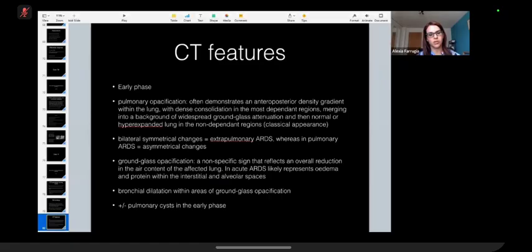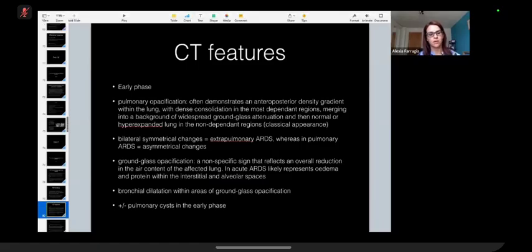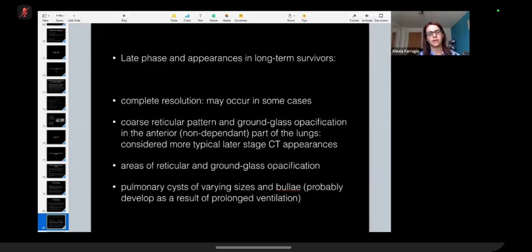There's bronchial dilatation within the areas of ground glass, and you can get pulmonary cysts in the early phase. And then in the late phase, or in those who actually survive this, you can get either complete resolution in some cases, but in most cases they would get a coarse reticular pattern and ground glass opacification in the non-dependent part of the lungs, which is considered to be more typical in the late stage.